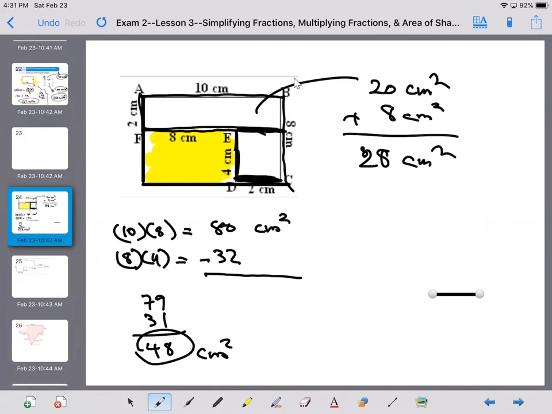I'm not sure what the problem is. Well, I know right now, because that's not 8, because it was 10, that was 8.